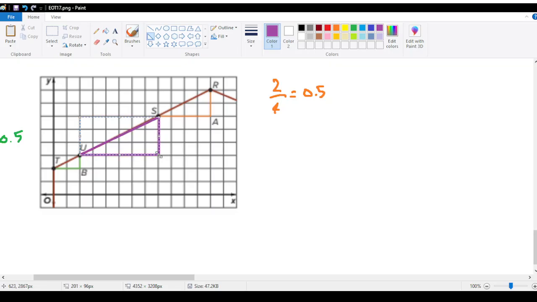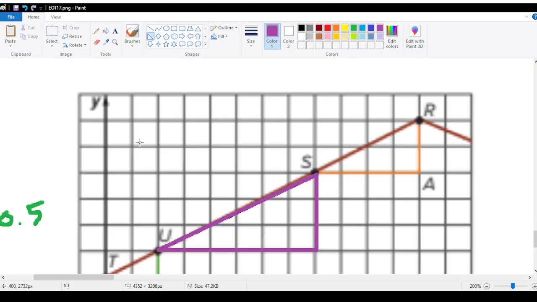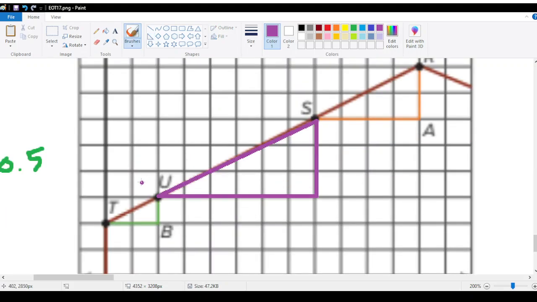Now, yalla, what is the rise? 1, 2, 3. Over, what's the run? 2, 3, 4, 5, 6. 3 over 6 is the same. What? It is 0.5. That's correct.